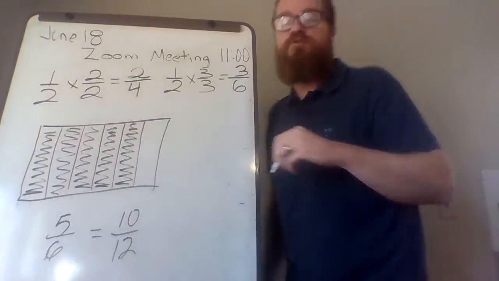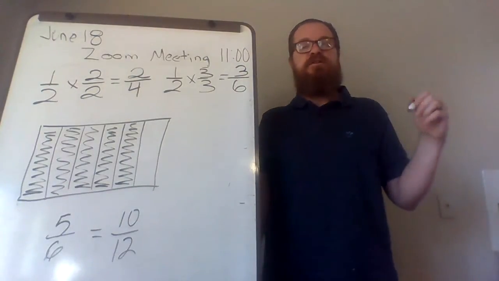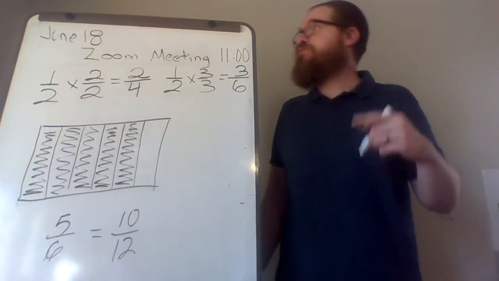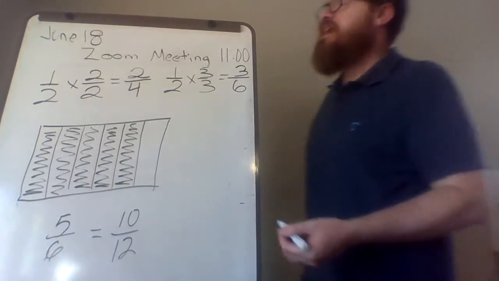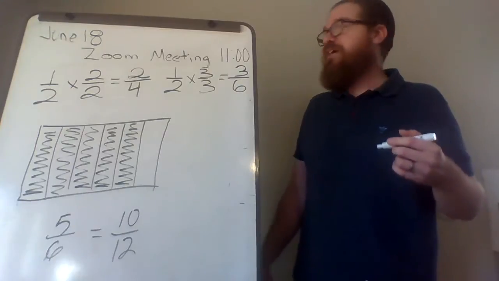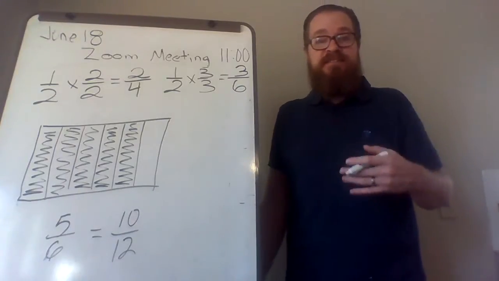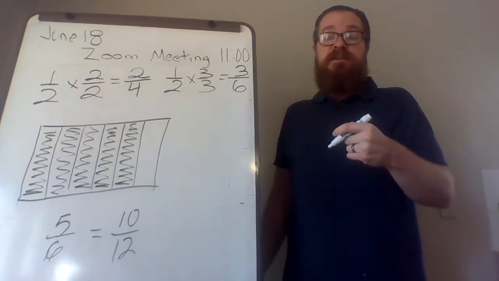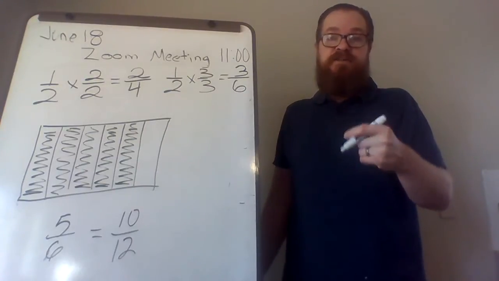So I see that 3/6 is also an equivalent fraction. And I can multiply by 4/4 and I'd get 4/8. I can multiply by 5/5 and I'd get 5/10. As long as the top number is half as big as the bottom number, it equals 1/2.